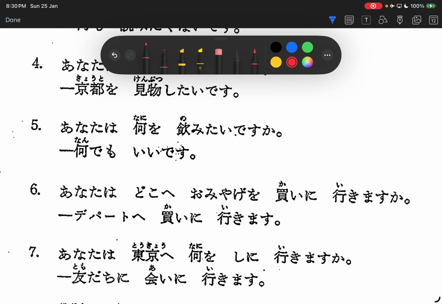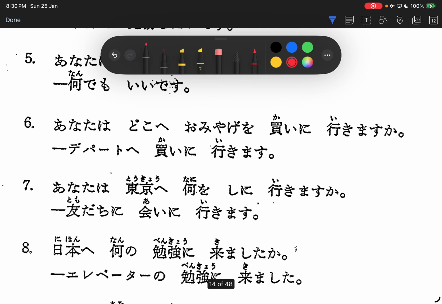何でもいいです。Number 6. あなたはどこへお土産を買いに行きますか？ So あなたは about you, どこへ towards where? お土産を買いに. 買います we change to 買いに, so for the purpose of buying. 行きます, so for the purpose of going I go. 为了买而去.